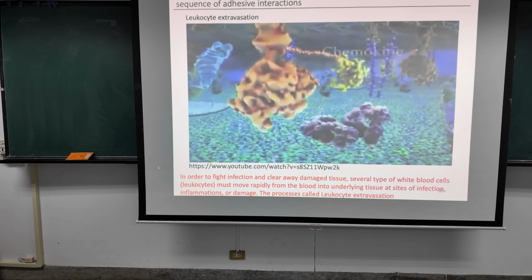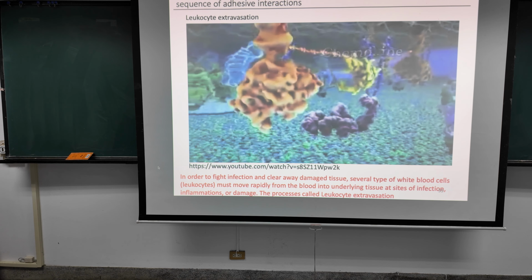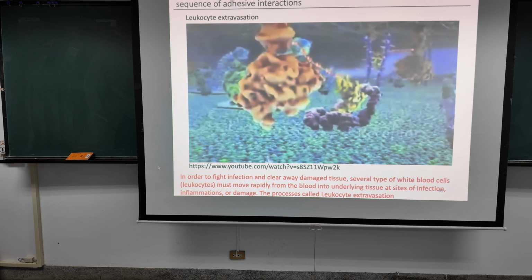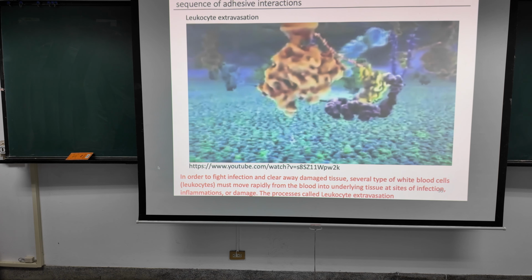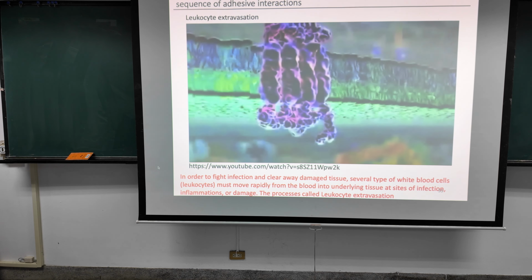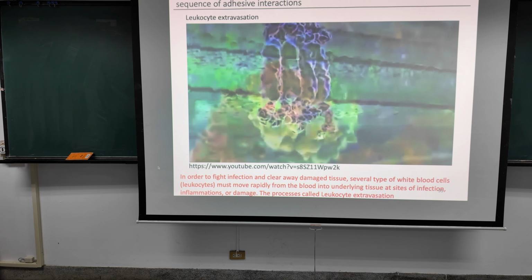At sites of inflammation, chemokines secreted by endothelial cells bind to the extracellular domains of G protein-coupled membrane receptors. This binding causes a conformational change in the cytosol.